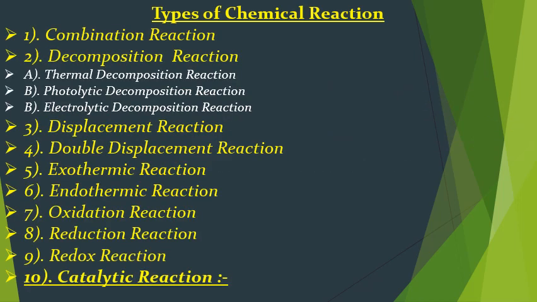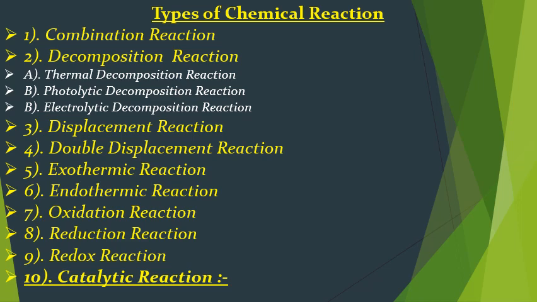If we talk about class 10 chapter one, we have to study different types of chemical reactions. The first one is combination. Second is decomposition reaction, which has three types: thermal decomposition, photolytic decomposition and electrolytic decomposition.